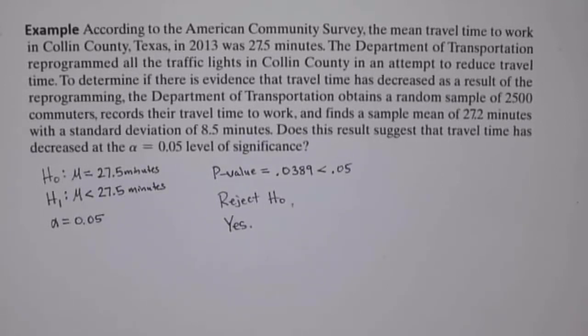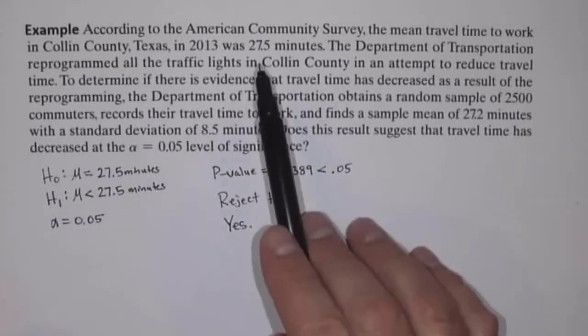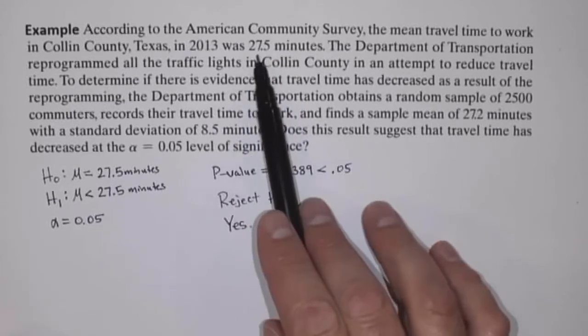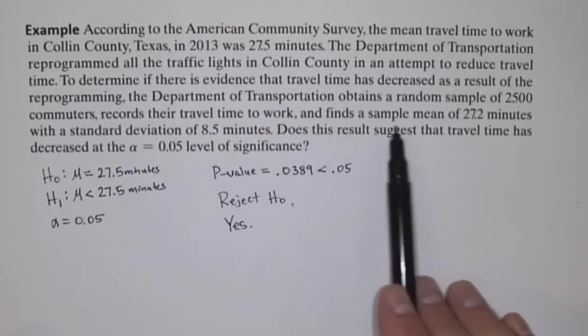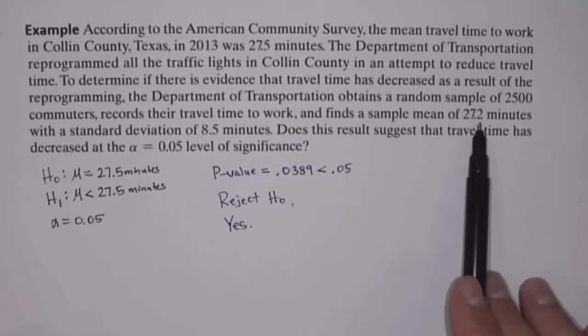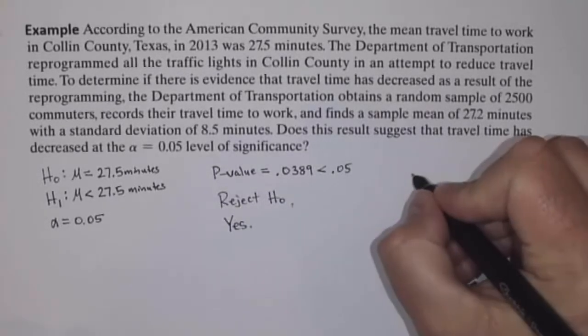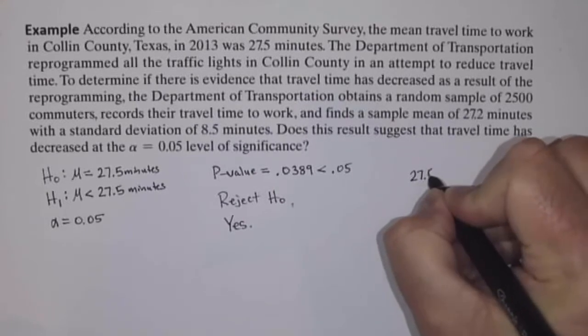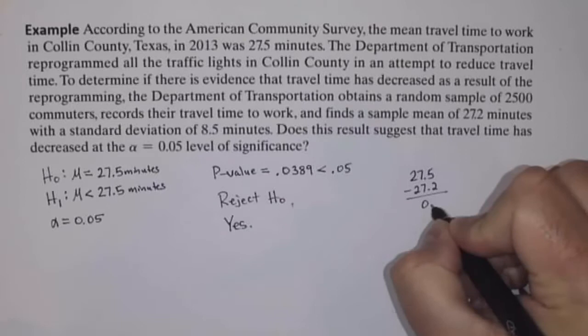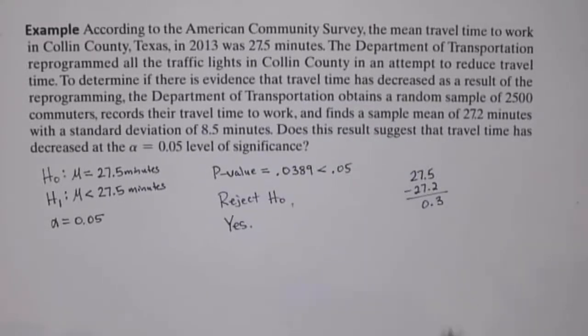So what does this have to do with the concept of practical significance? Well, look at what our original average time was. The original average time was 27.5 minutes. Now, it appears that maybe it's 27.2 minutes because that was the result whenever we took our sample of 2,500 commuters. So if we compare the difference, 27.5 minutes minus 27.2 minutes, that is a difference of 0.3 minutes.